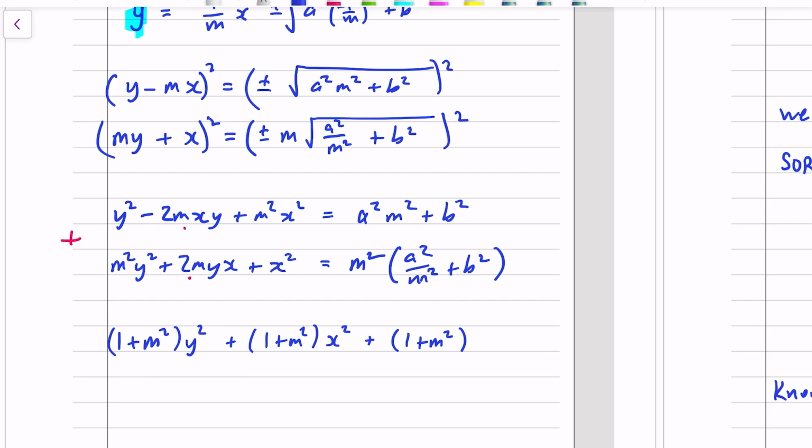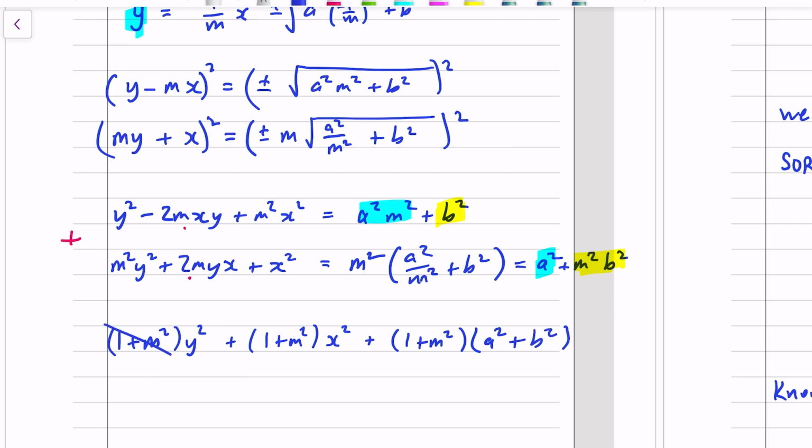Actually no, it's not so obvious. This one here is equal to a squared plus m squared b squared. You can see that the a squared m squared and the a squared are on their own. So there's a 1 a squared and an m squared a squared. And there's also a b squared term and an m squared b squared term. So it's 1 plus m squared, all multiplied by a squared plus b squared.